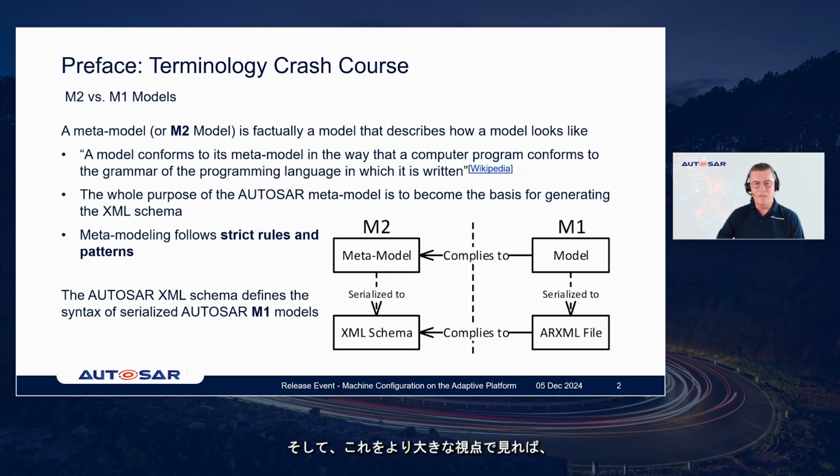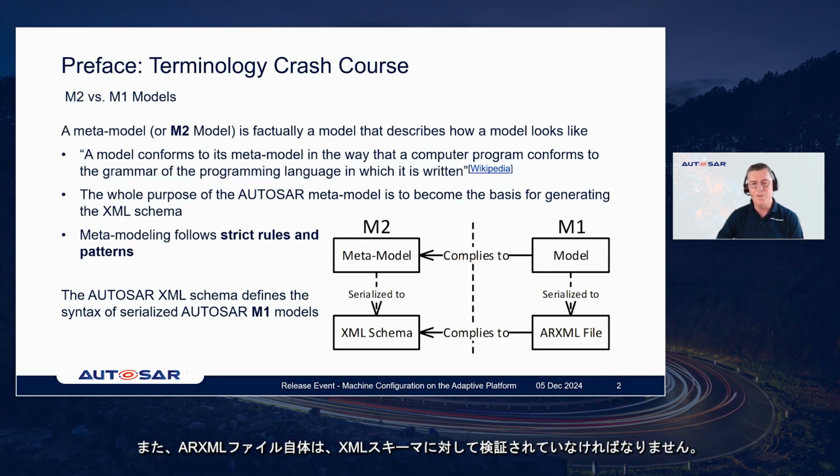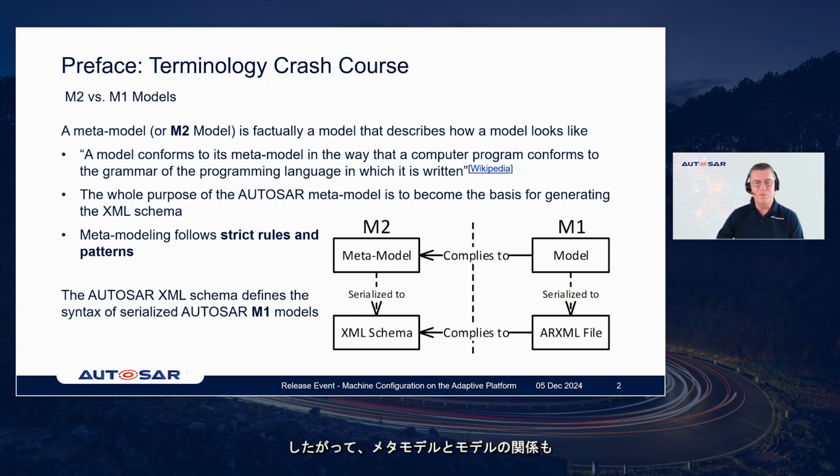And to put this into a larger context, we also know that models are serialized into ARXML files, and ARXML files themselves have to be validated against the XML schema. So the relation between the meta model and the model is also reflected in the relation between the XML schema and an ARXML file. But this has consequences.